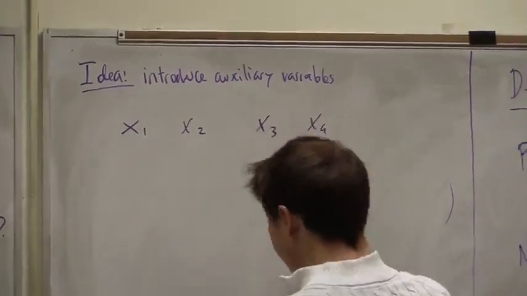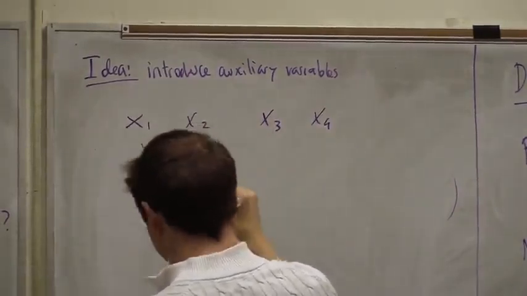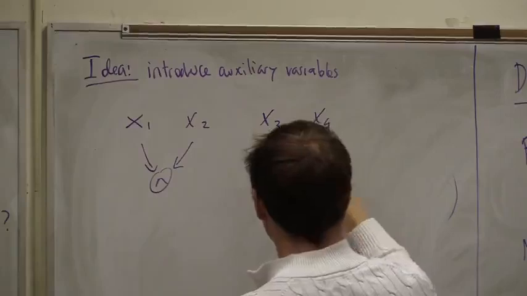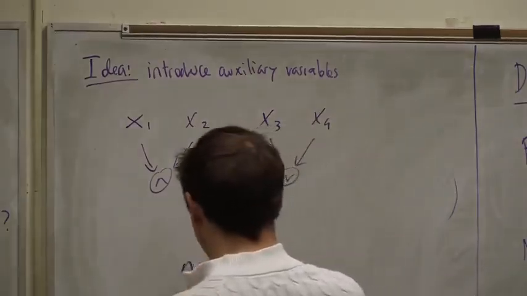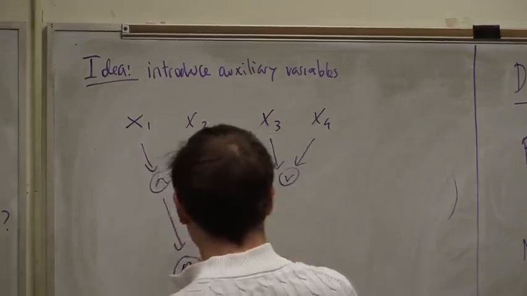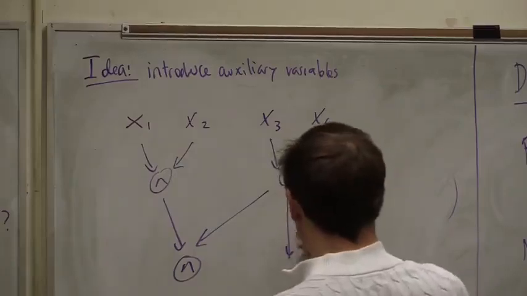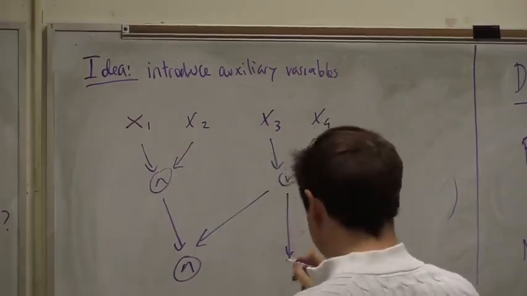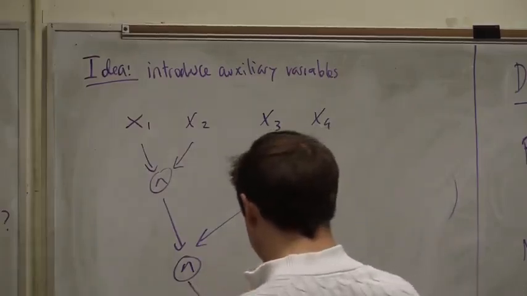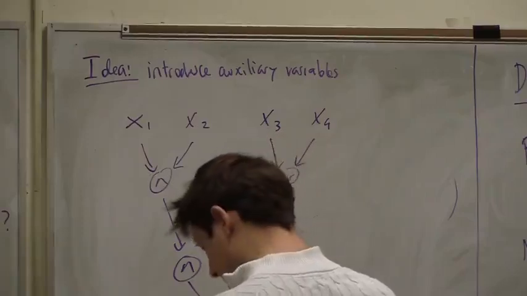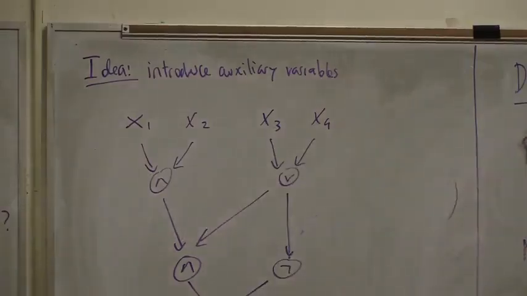It has 4 input variables. And the circuit has an AND here, an OR here, an AND here. Here we reuse this output. So that's why it's not a formula. We pass it into a NOT gate, and we take these 2 outputs and pass them through an AND gate again. Okay, so this is a circuit.